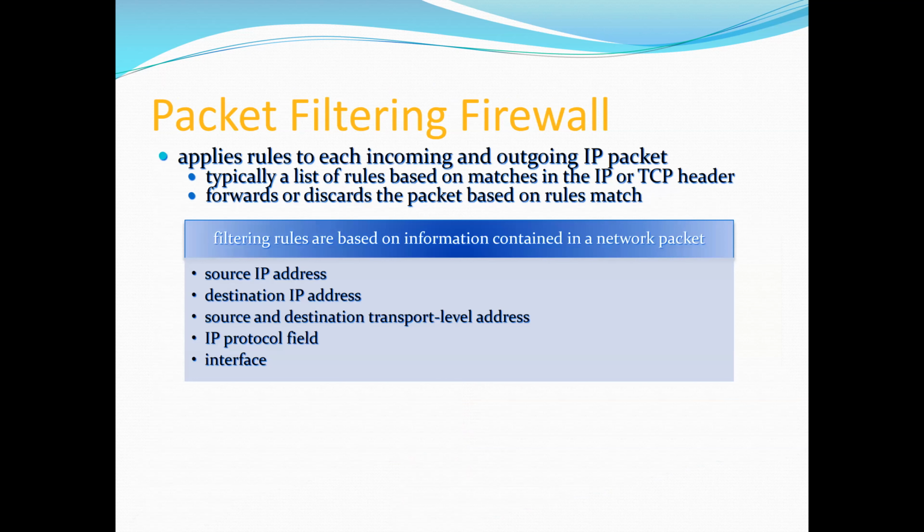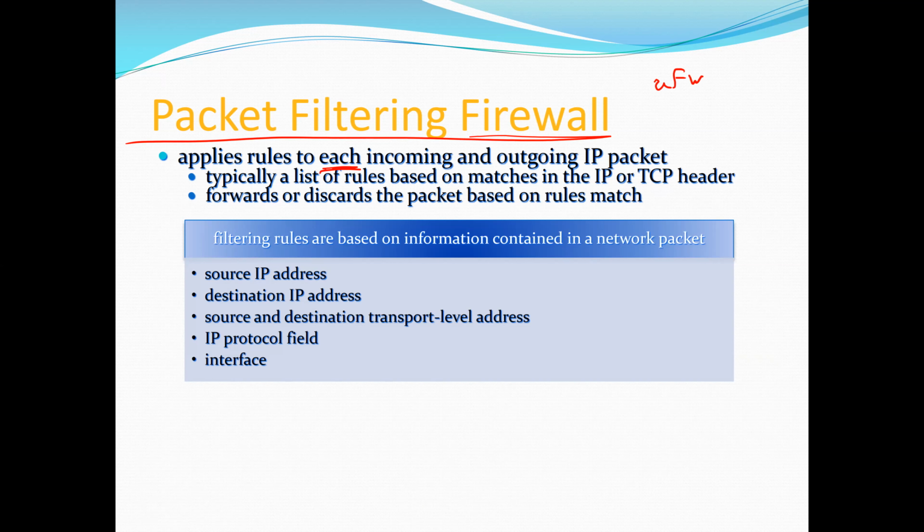Are there any questions so far? All right, no questions. So the packet filtering firewall is the simplest one, and that's the one that you're exploring with UFW today. It applies rules to each incoming and outgoing IP packet.